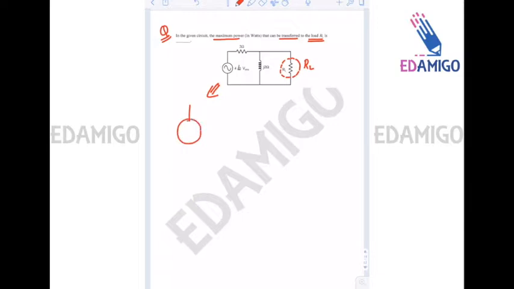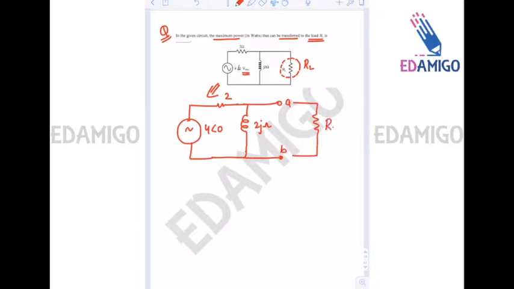So this is the source which is 4 angle 0, and this is given as RMS value. It is 2 ohms, and this has impedance of 2j ohms. These are the two terminals A and B where RL is connected.